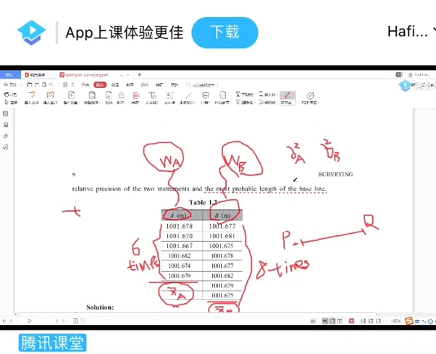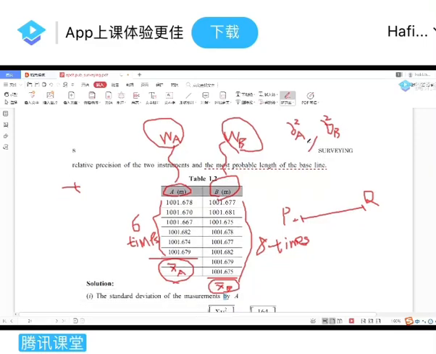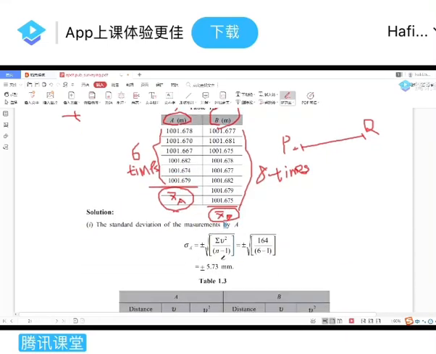Okay, so now it all comes down to calculating sigma a squared and sigma b squared. How are you going to calculate sigma a squared? I told you last time already. Basically, it's a simple one. So you do this one.